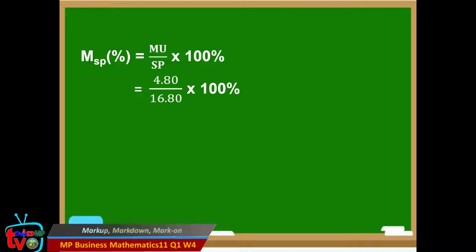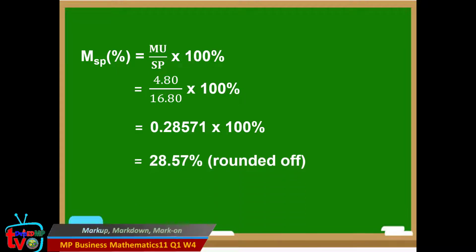The markup is 4 pesos and 80 cents divided by the selling price of 16 pesos and 80 cents times 100%. 4.80 divided by 16.80 will give us 0.28571 times 100%. And now we have the markup rate at 28.57%. That is based on the selling price.